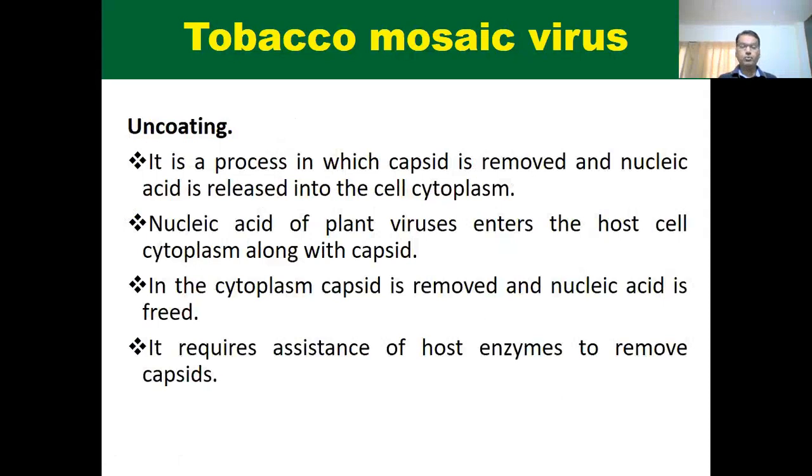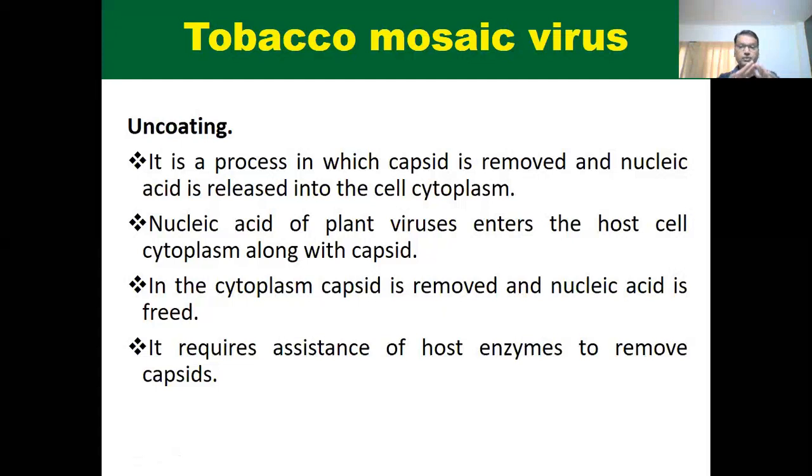Uncoating. Now, once virus enters into the cell, it has to remove the outer covering. Friends, listen carefully. Now the virus has come into the cell, and now its covering needs to be removed. So it is the process in which the capsid is removed and nucleic acid is released into the cell cytoplasm.